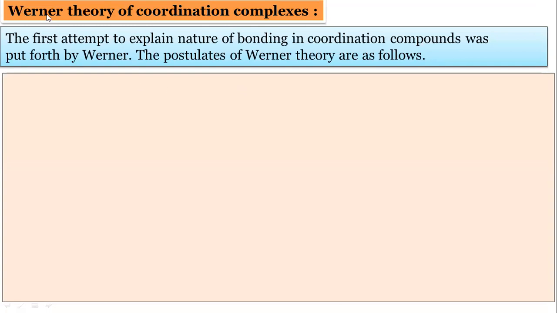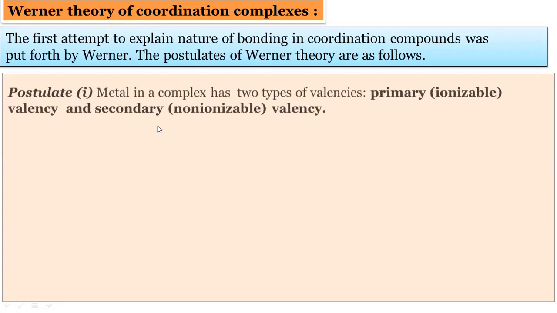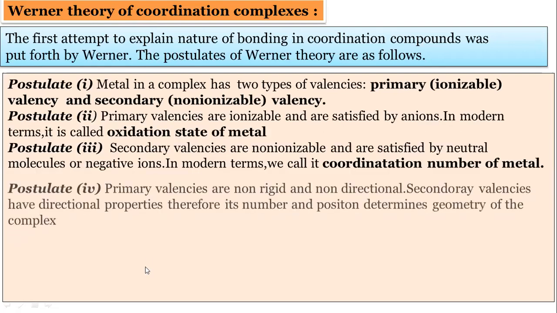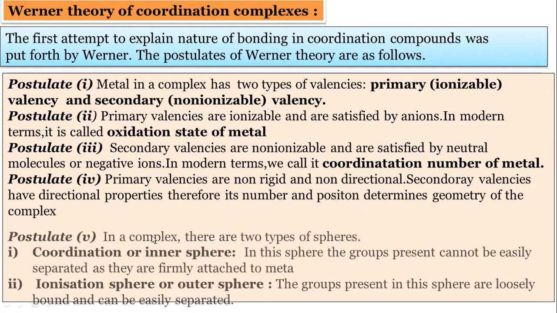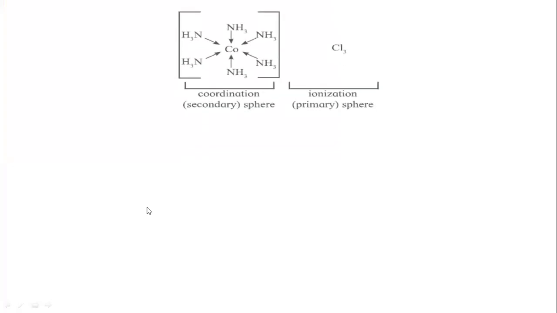Those students who were absent can call or message me personally, and I will give the important concepts for the board exam. So don't neglect this Werner theory. Werner studied many coordination compounds and he explained this theory.